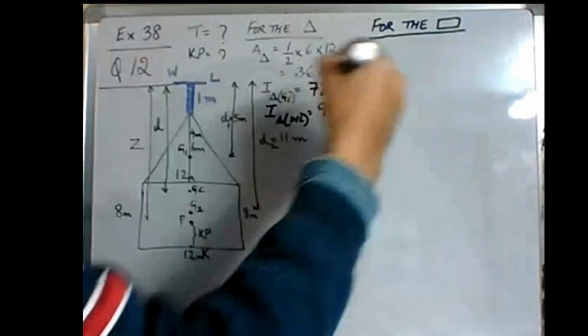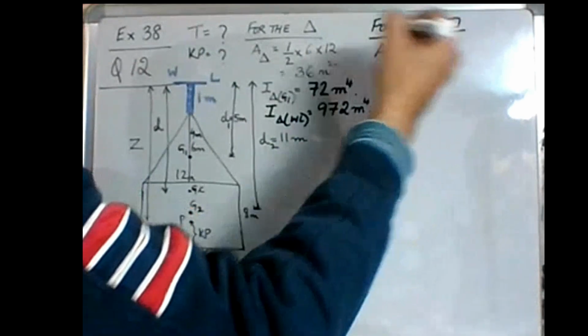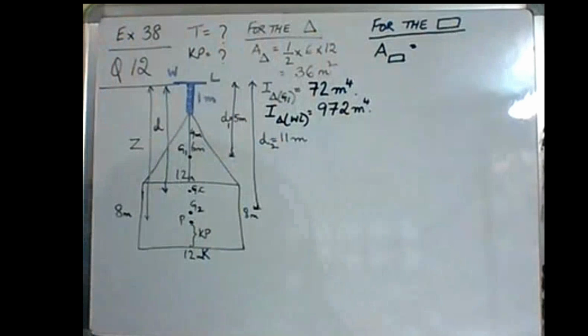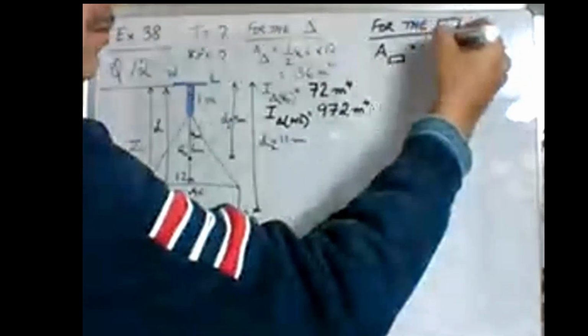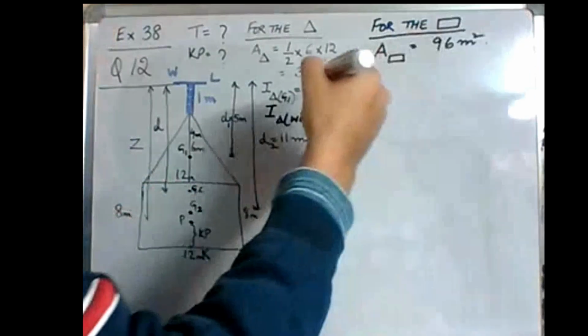For the rectangle, let us come to the area of the rectangle. Twelve into 8, 96 meters square.